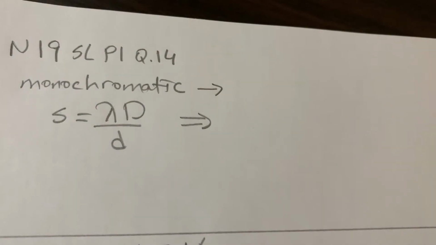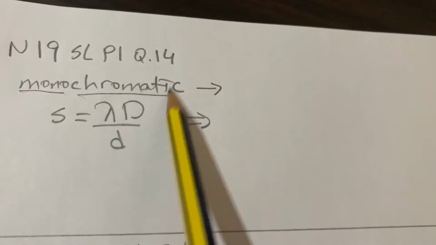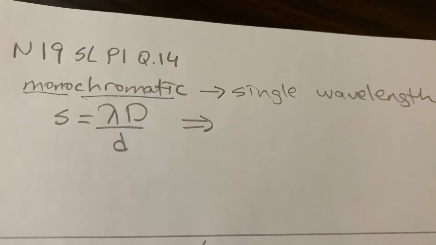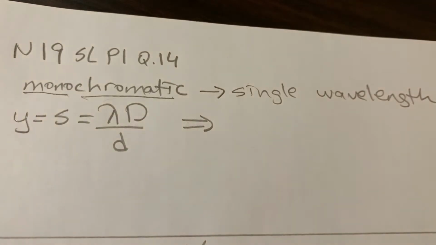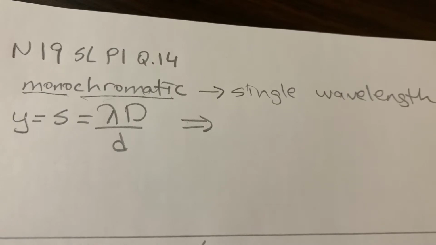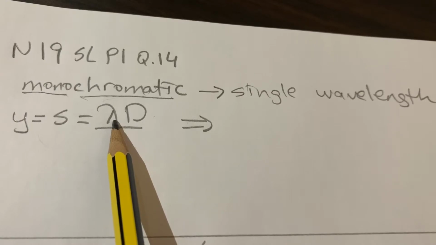The first multiple choice question gives us monochromatic light. This means single color. We are told that the fringe separation on the screen is Y. So we can use this formula for Y. The distance from the slits to the screen and the separation of the slits are both doubled. So in this formula, wavelength is unchanged.